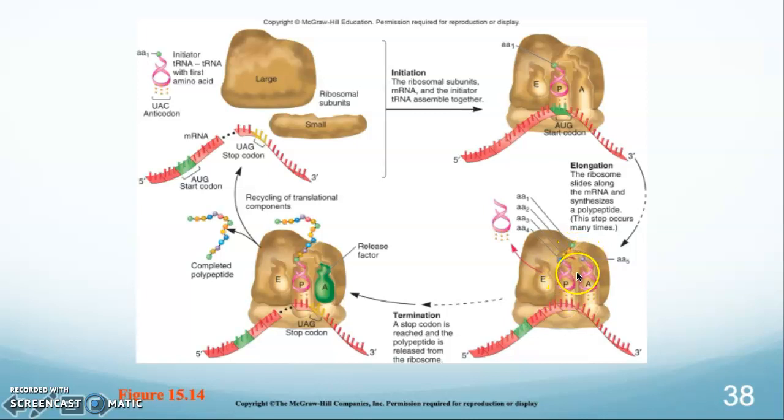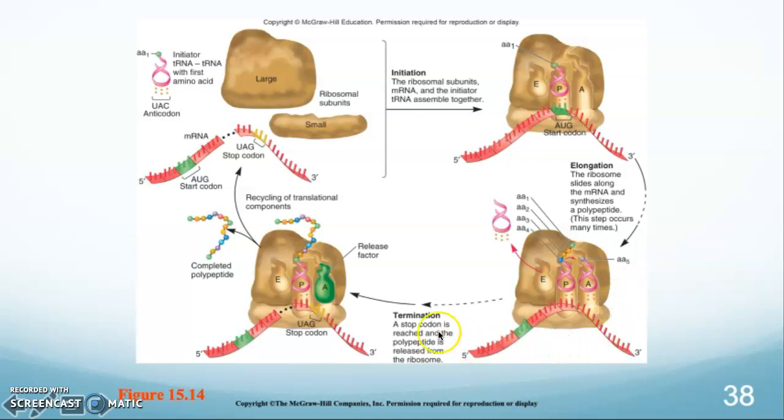Once this tRNA in the P site is no longer charged, right? It's lost its amino acid. It will move into the E site and be released to go out and be recharged. And the tRNA here in the A site that has all of the amino acids attached to it will move into the P site and we will just repeat that.